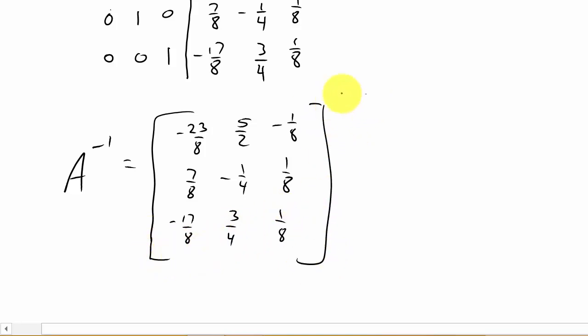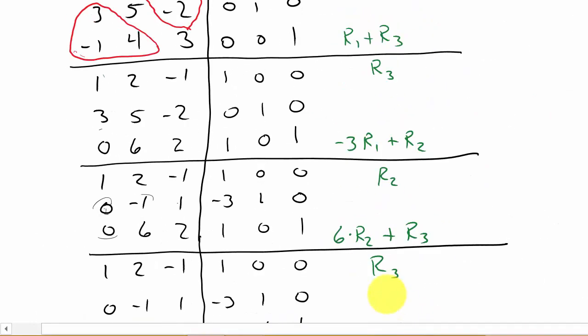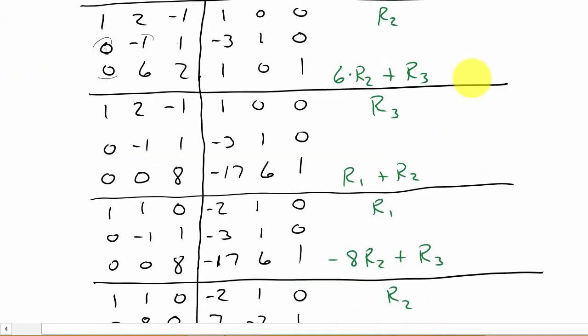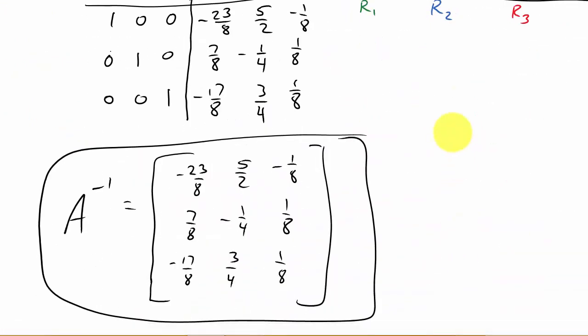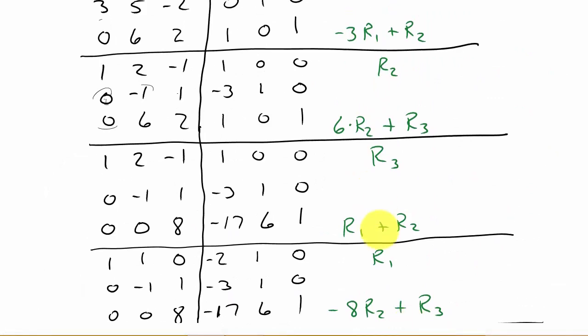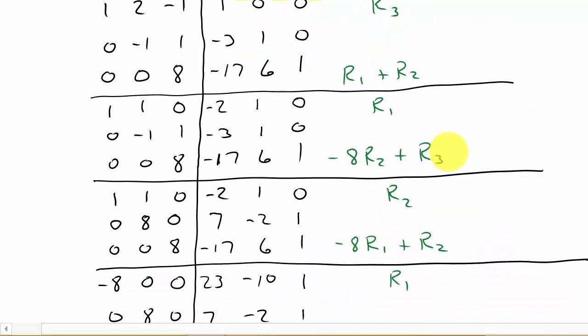Okay, and there's my inverse. Now remember, you can check it. You can take this matrix and multiply it by this matrix, and do you remember what you should get? If you multiply matrix A times the inverse, you should get the identity matrix, which is this.